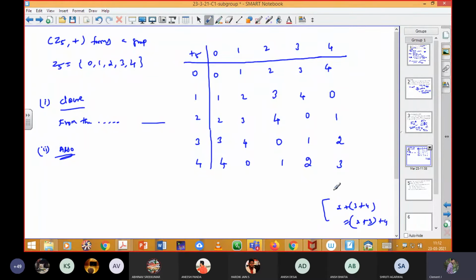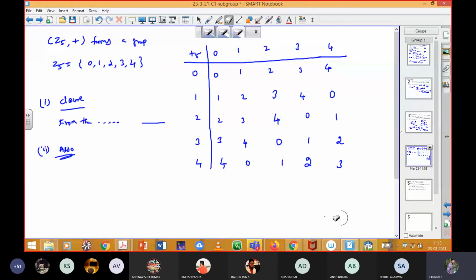Here 2 plus 3 is 5, plus 4 is 9, mod 5, what is the answer? 4, very good. So this is the left hand side answer. Can you just predict the right hand side answer? 4. Certainly you will be getting the same answer. Okay, I hope you have understood.